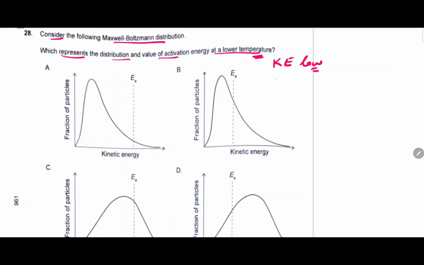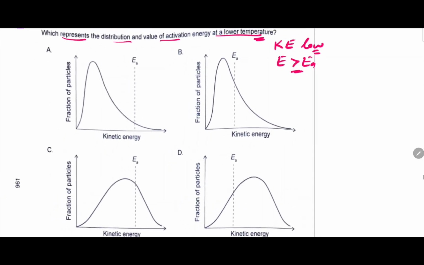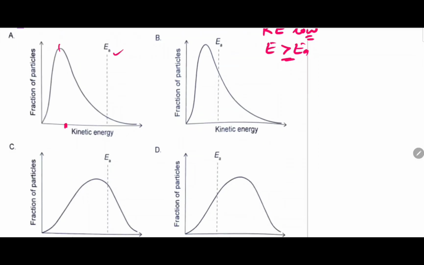Hence, a smaller number of particles will have energy greater than activation energy. So we have to look for a graph which shows lower kinetic energy and lower activation energy. In graph A, the kinetic energy is low, and the number of particles with energy greater than activation energy is also low. Only this many particles have energy greater than activation energy. A can be your option, but we'll look at B, C and D also.